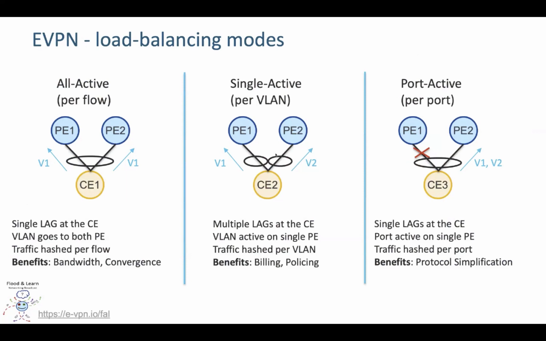This is when you want to achieve just a single-active type of balancing, but at the same time you have a CE with a bundle configuration, and the PE is signaling on the LACP layer which one will be active and which one will be standby. So these are the 3 most important modes, and we will now go over more details on all-active, because you will see that single-active is kind of a subsection of the all-active mode.